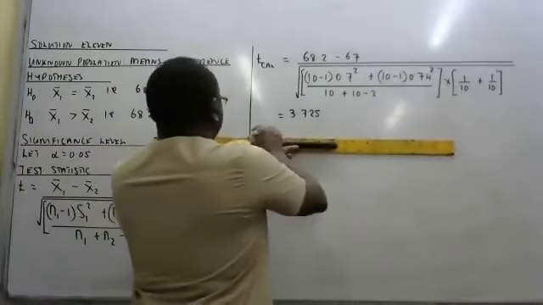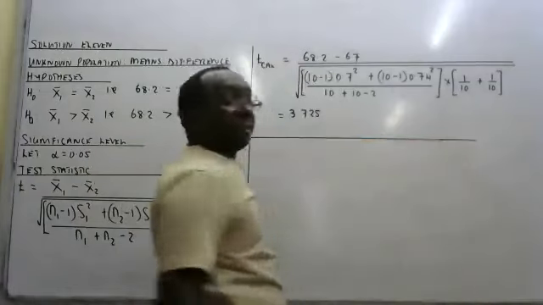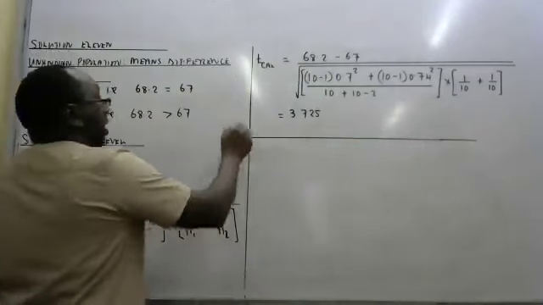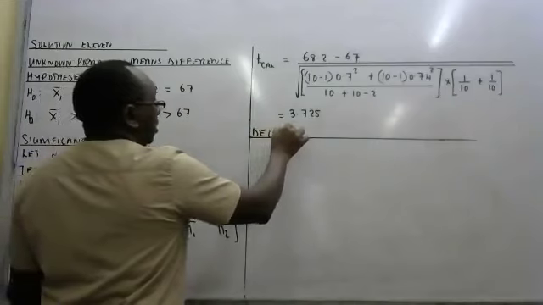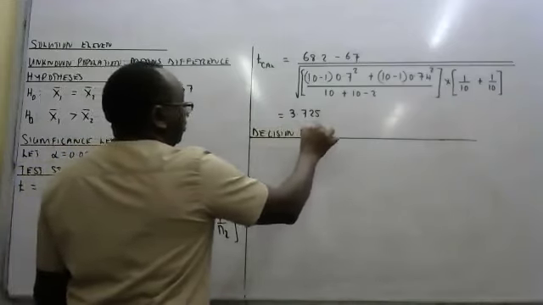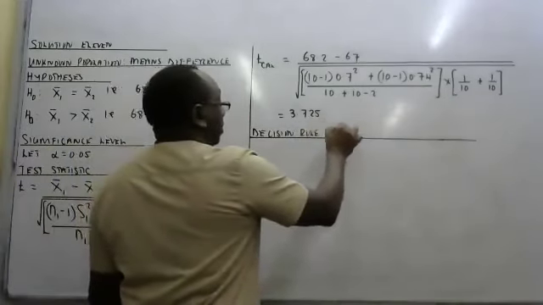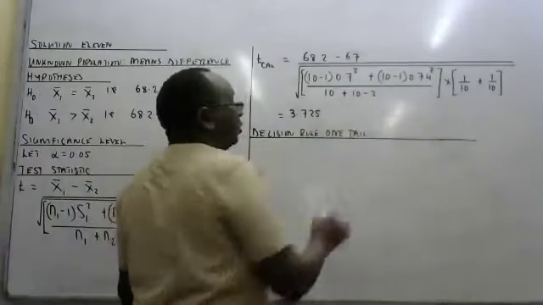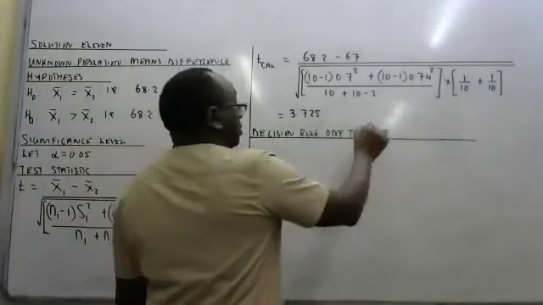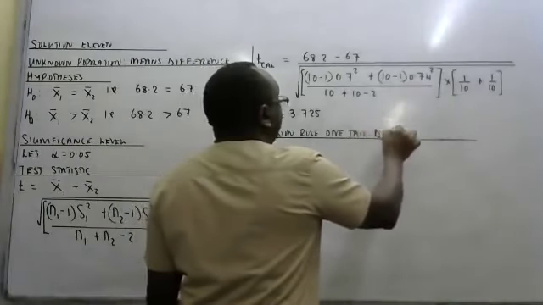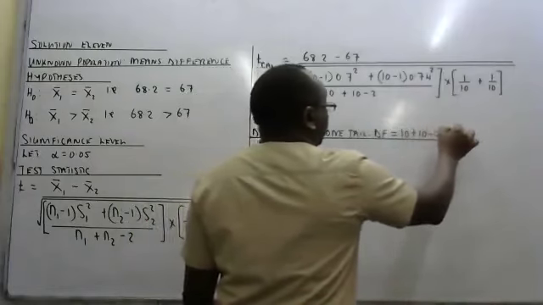After that, you now come and do the decision rule. The decision rule, it is one-tailed. And I told you when you are using T, the degrees of freedom should be brought on board. So the DF will be 10 plus 10 minus 2, which is 18.